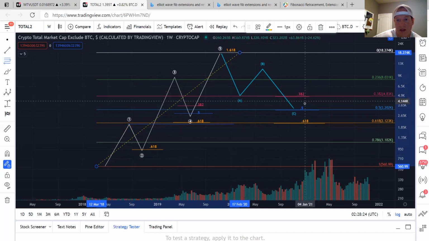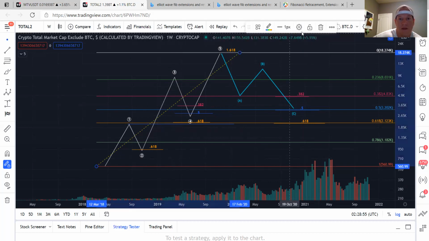You're looking for 382, 0.5, or 618. I really like 0.5 and 618. Again, it depends how strong the bull trend is and the market is, and also what time frame you're on. But usually 0.5 and 618 is where I will look to enter on an ABC after a 5-leg impulse.